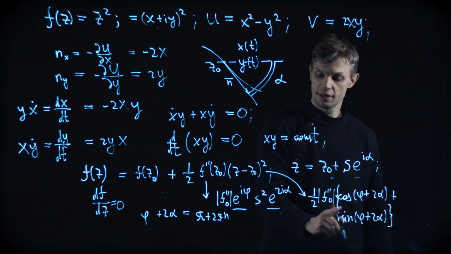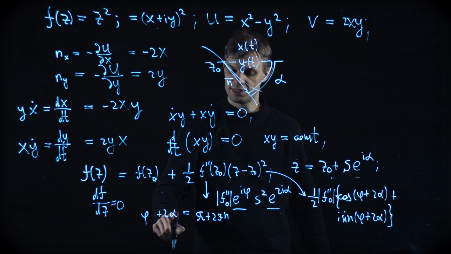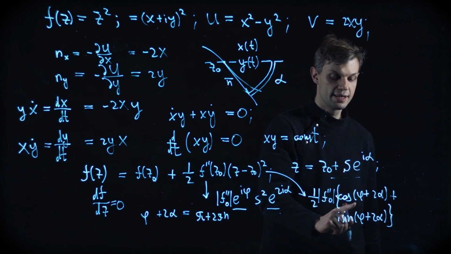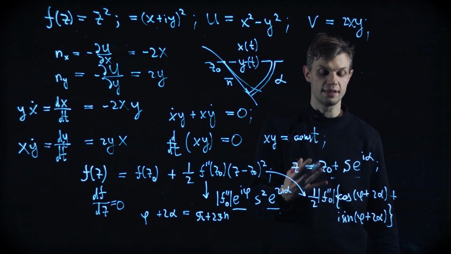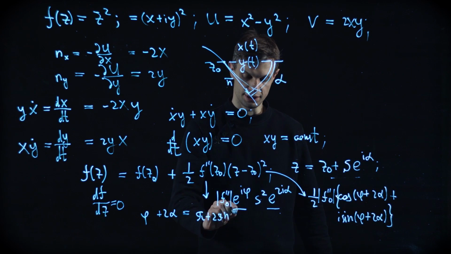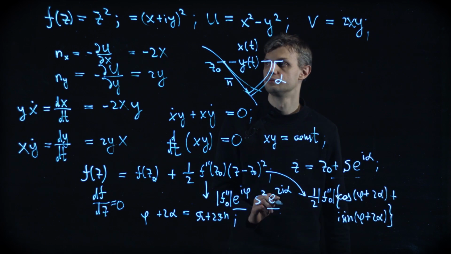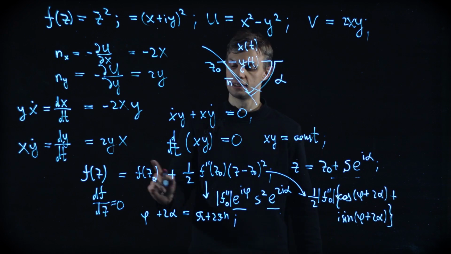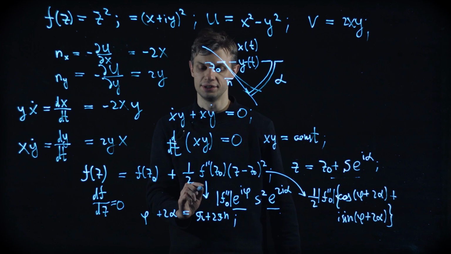And as you see, if phi plus 2 alpha is equal to pi plus 2 pi n, then the sine vanishes. So indeed, there is no change in our v function. Okay, so that's it. Now we should plug it into our original expansion.